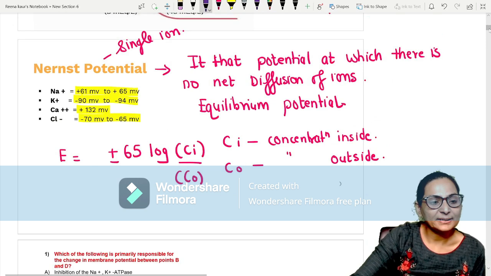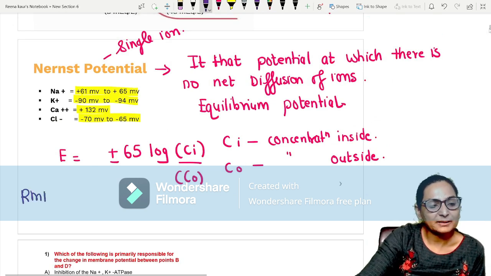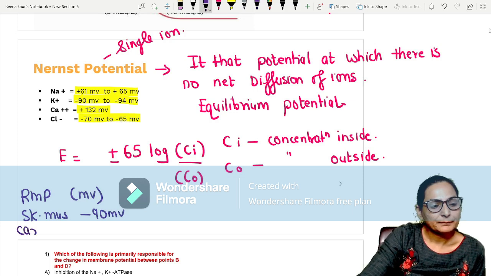So if we want to write the RMP of different tissues, it is always in millivolts. Skeletal muscle minus 90 millivolts. Cardiac ventricles is minus 90.